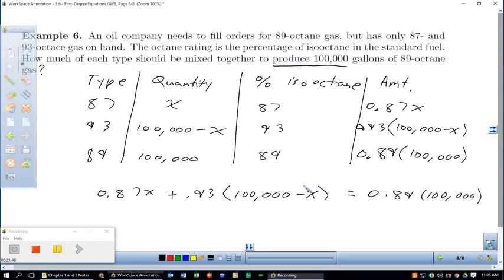Now, if we rearrange some things, actually I'm just going to jump straight to the answer. This is for you to do on your own. It should come out to be approximately 66,667 gallons for X. So that is that many gallons of 87 octane.